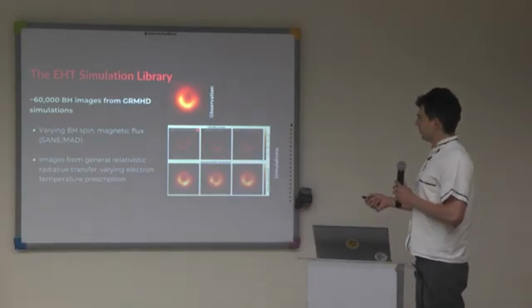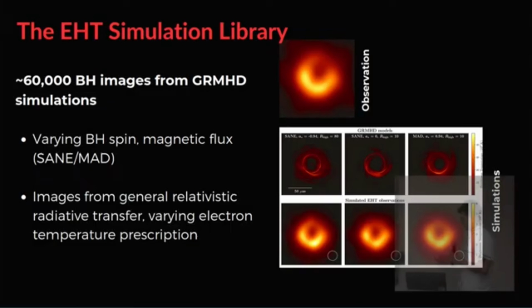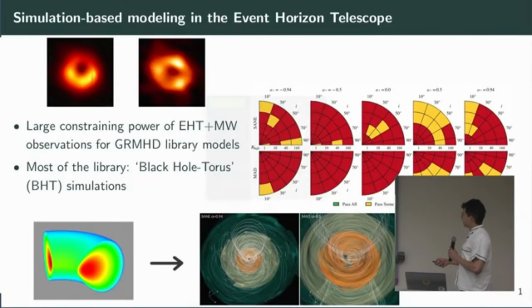So we can produce images out of general relativistic magnetohydrodynamic simulations, or GRMHD simulations, that simulate the flow of the plasma around black holes, and we can vary the parameters of these simulations in order to compare them with the actual observations.